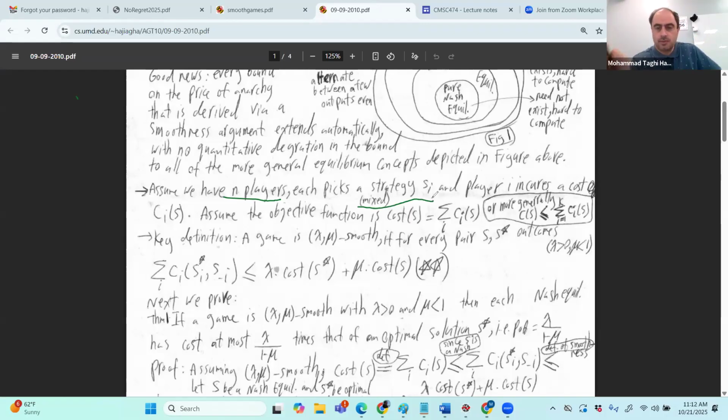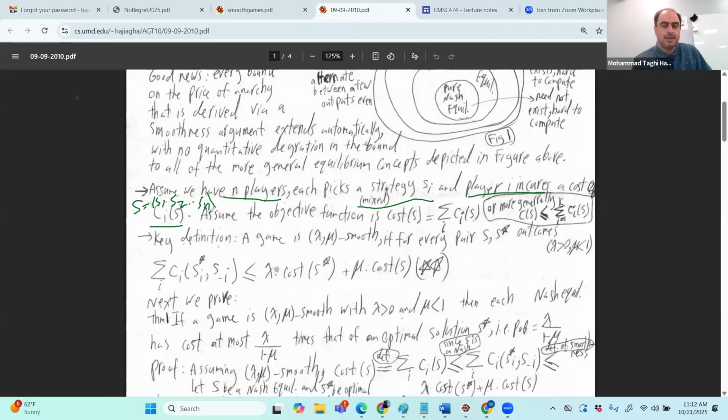In that case, player i incurs a cost Ci(S). Here S is the vector S1, S2 to Sn. This is a strategy profile, or vector of strategies.